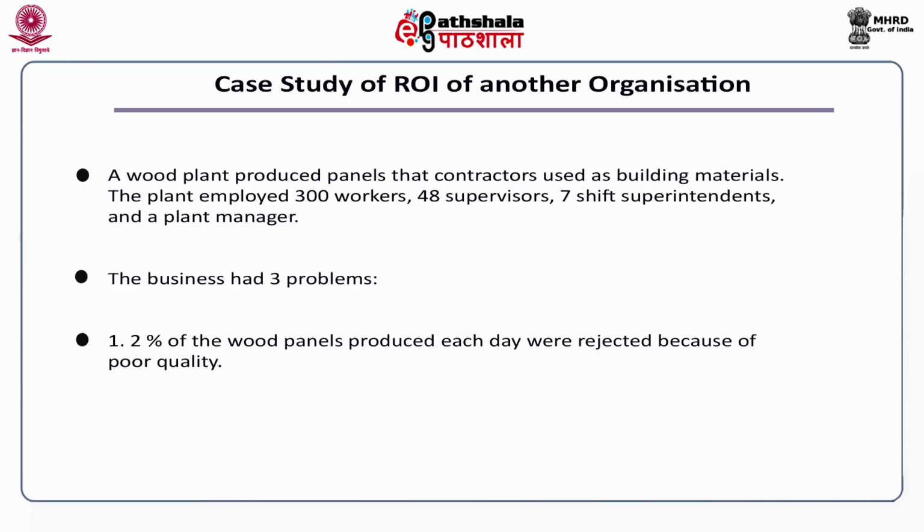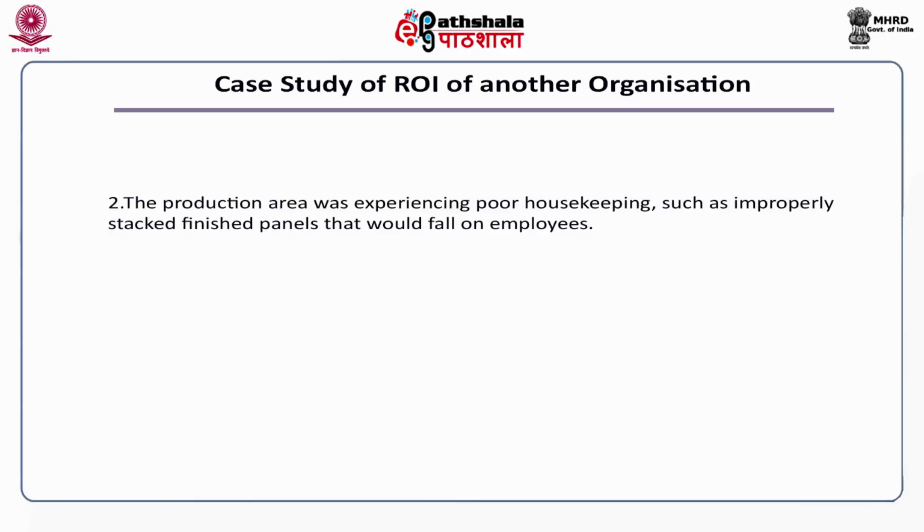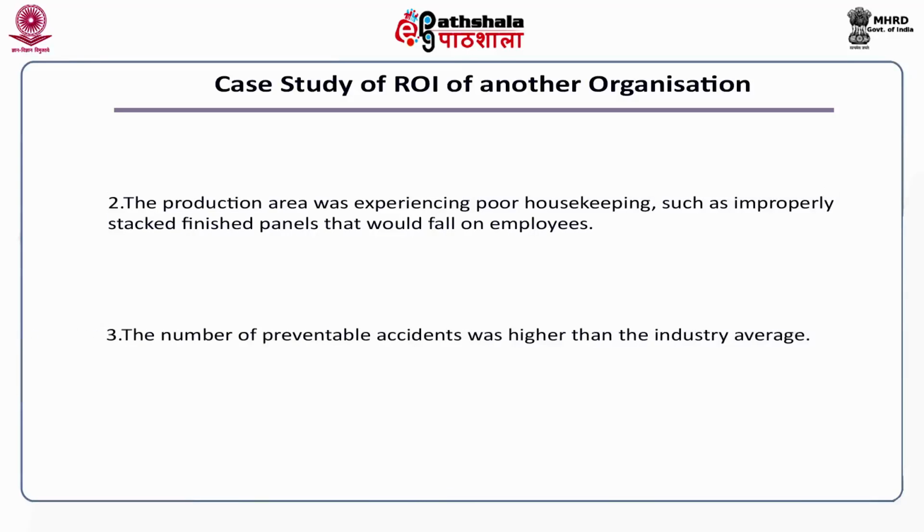Number 1, 2% of the wood panels produced each day were rejected because of poor quality. Number 2, the production area was experiencing poor housekeeping, such as improperly stacked finished panels that would fall on employees. Number 3, the number of preventable accidents was higher than the industry average.